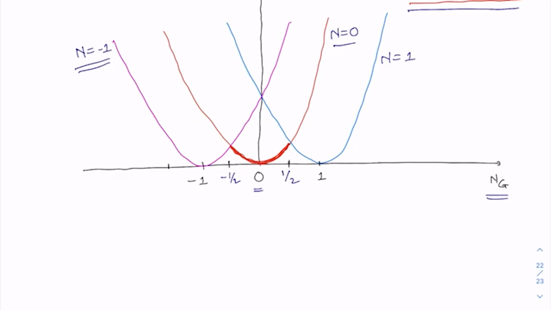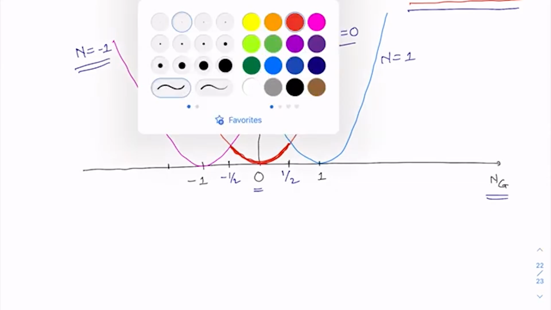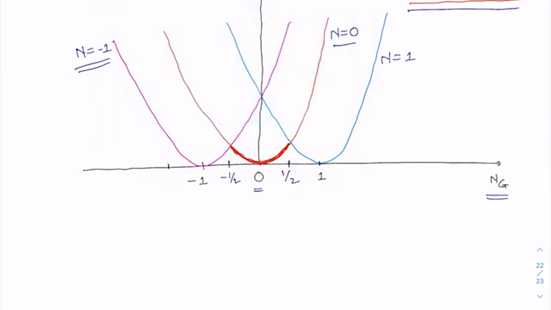On the other hand, let me pick up another color here. If NG lies between plus half and say plus 3/2, then the ground state would correspond to this lower branch, and the preferred charge state would be n is equal to minus 1.